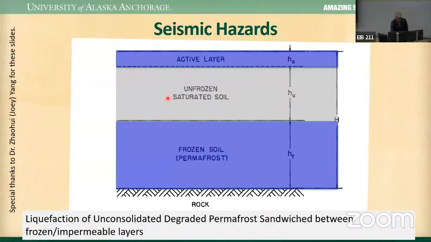So my dear friend, Dr. Zhang or Yang, here at the university gave me a few slides, and again, this shows this unfrozen talik layer. So you've got your active layer, your talik layer, and then your permafrost below.